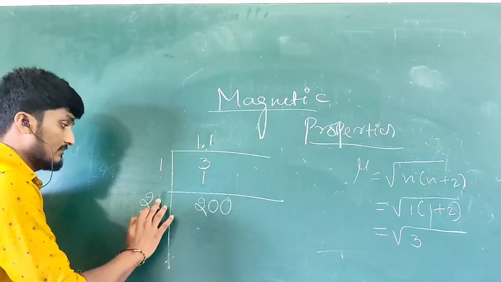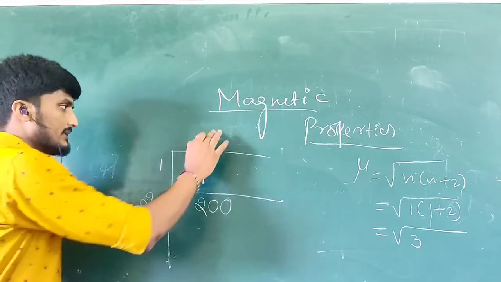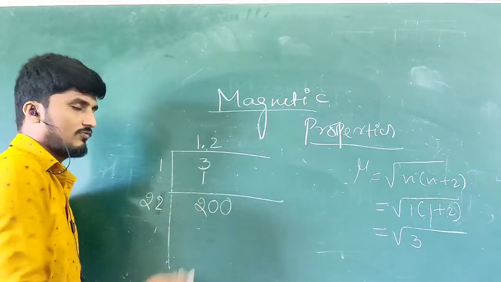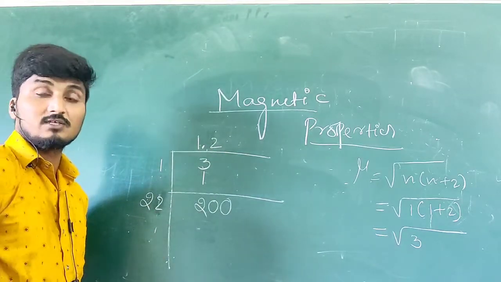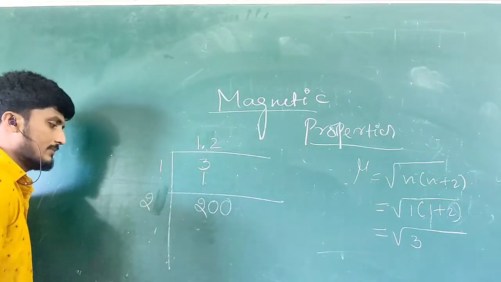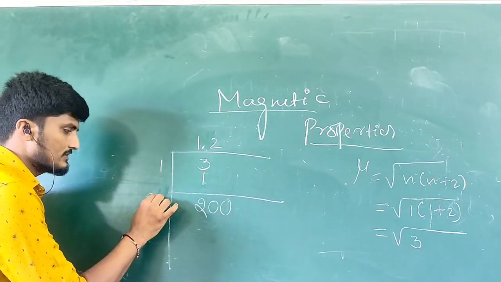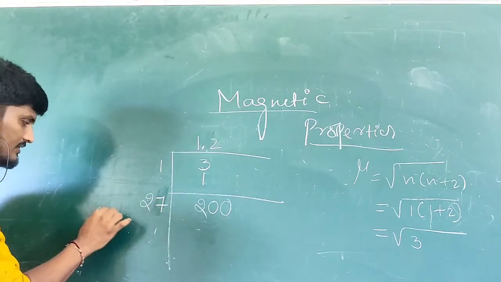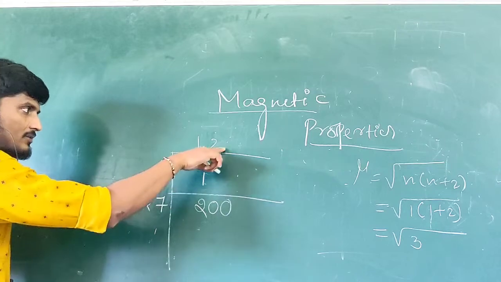If you try with 2, here also you put 2, 22 2s are 44 will come, but it is very less than 200. So in which number you have to do? Like that, if you keep on trying, I can go with 7. If I do 7, see, a small multiplication. If I take 7 here, I put 7 here also.